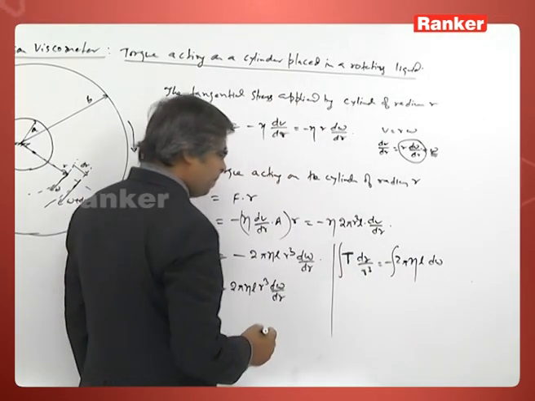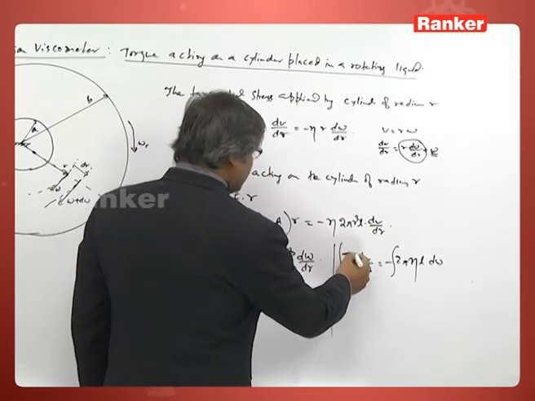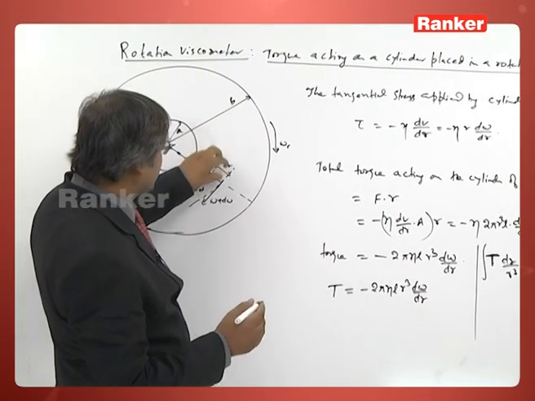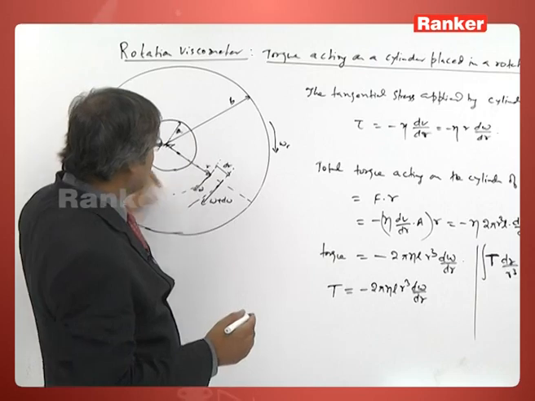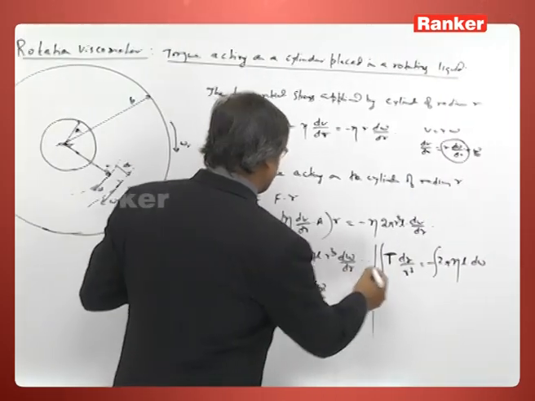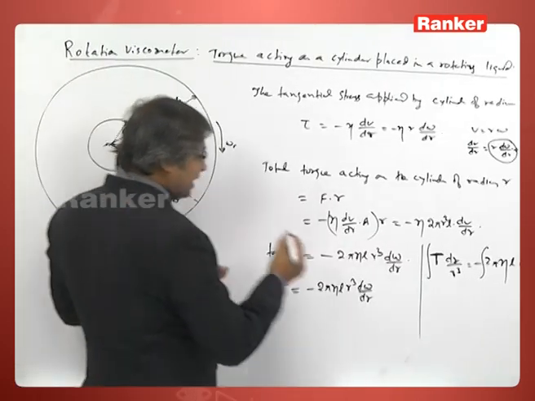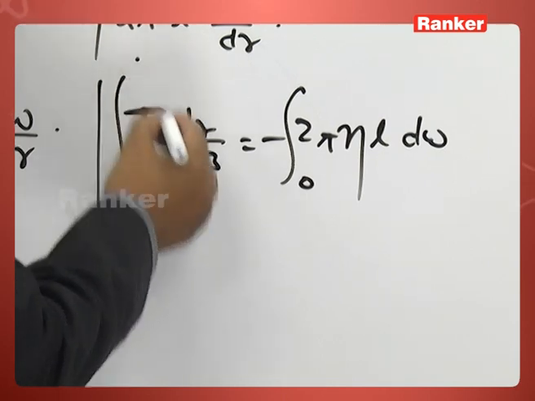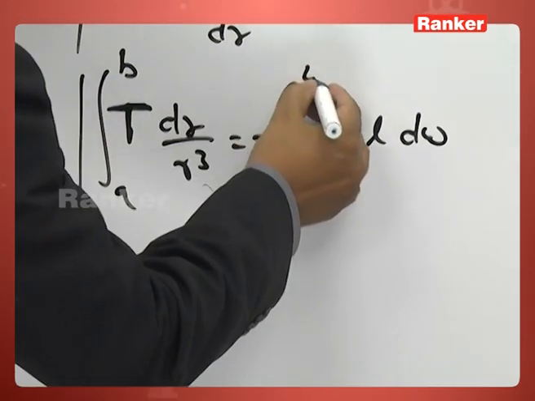So you see, the torque is everywhere the same, because there is no acceleration of this system, the omega is constant. So initially when r is equal to a, omega is 0, when r is equal to b, omega is omega naught.